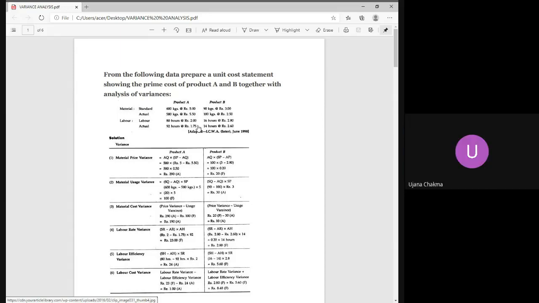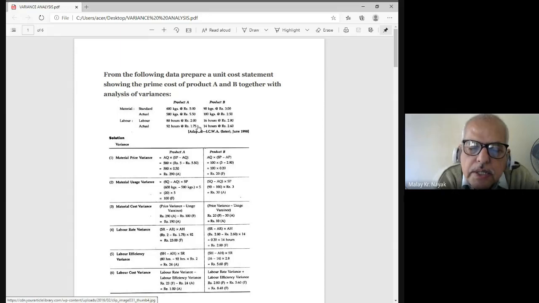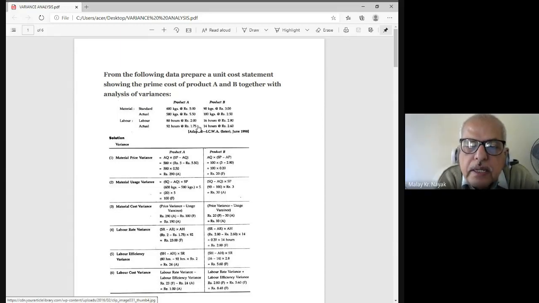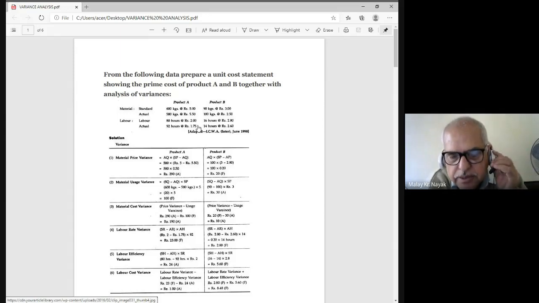AH into AR minus SR. Lisa, write it down. Then AH equal to, you say, Ujana. 92 into within bracket 1.75 minus 2. Lisa, do you get the point? Oh, he is not responding.